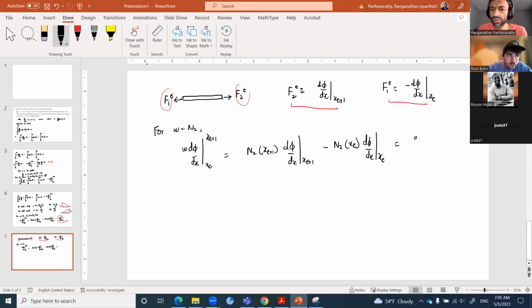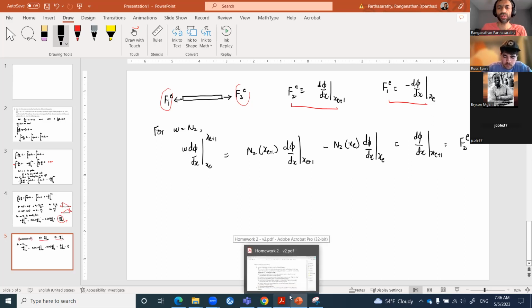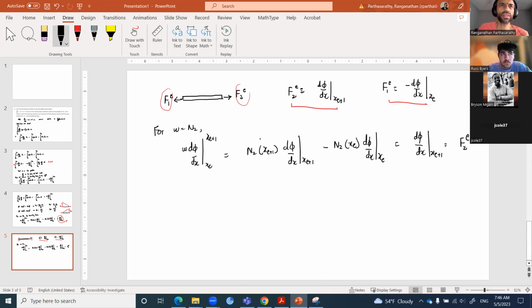So this becomes dphi by dx at x_e+1, which is equal to F2e. So now on the right hand side, the terms will be F1e, F2e, etc. for each element. Now that we brought it up to this form, we can go for the stiffness matrix.